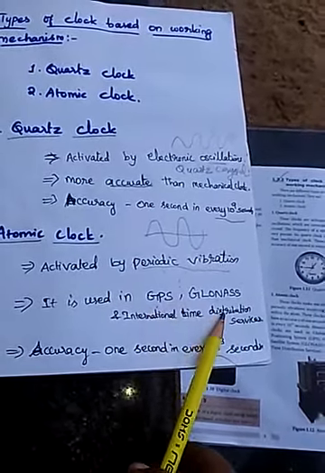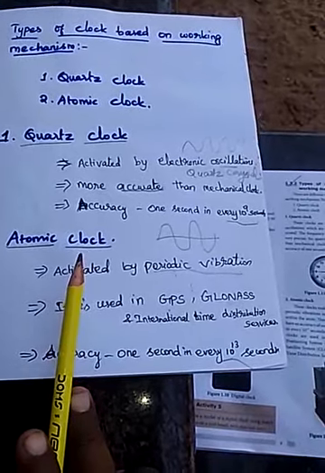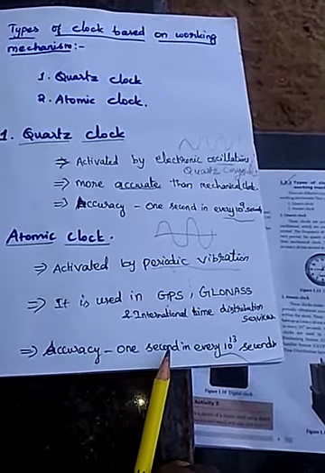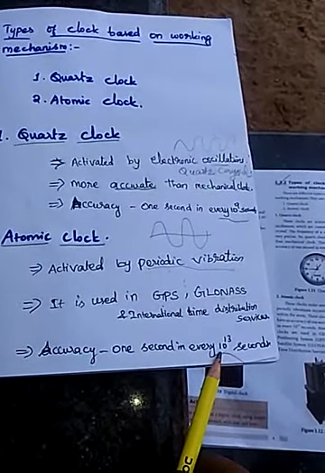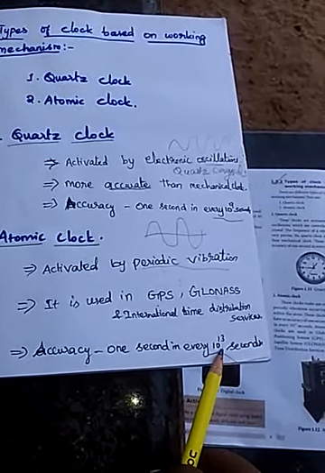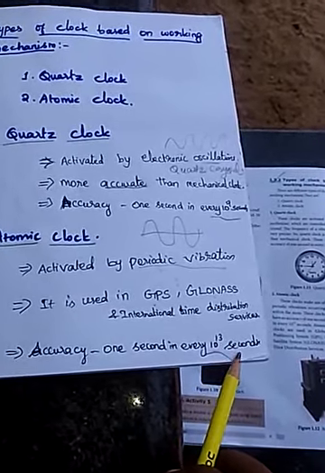Here we use the atomic clock. The atomic clock accuracy is 1 second in every 10 power 13 seconds.